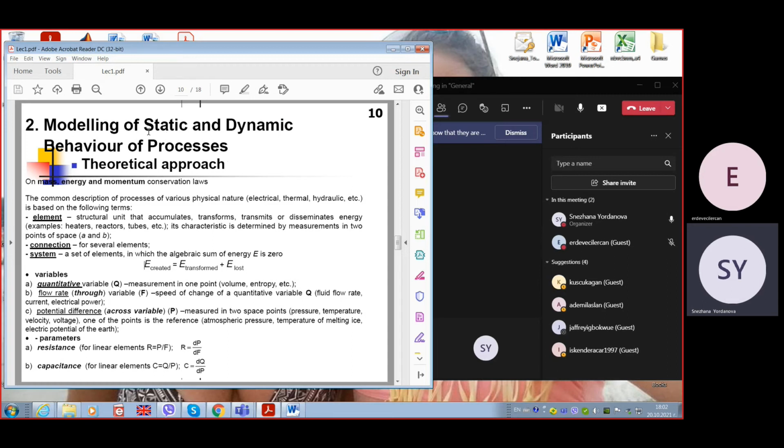So eliminating time, we model the static behavior, considering the time. For instance, we push a car and it starts moving, accelerating, and we are interested on the road when it will reach a constant value of velocity. So this will be the steady state, but it will be reached gradually.